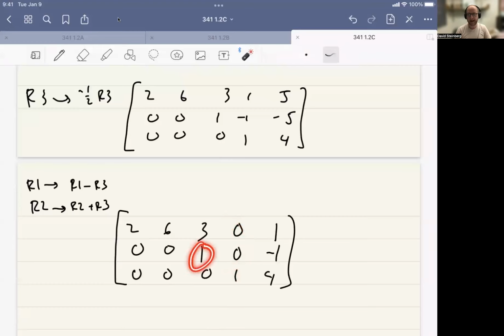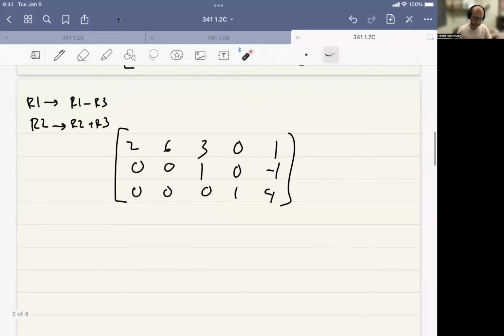We'll look at the next rightmost pivot. Is this one? It's already 1, so we can just clear off the 3 above it. So we'll replace row 1 with row 1 minus 3 times row 2.